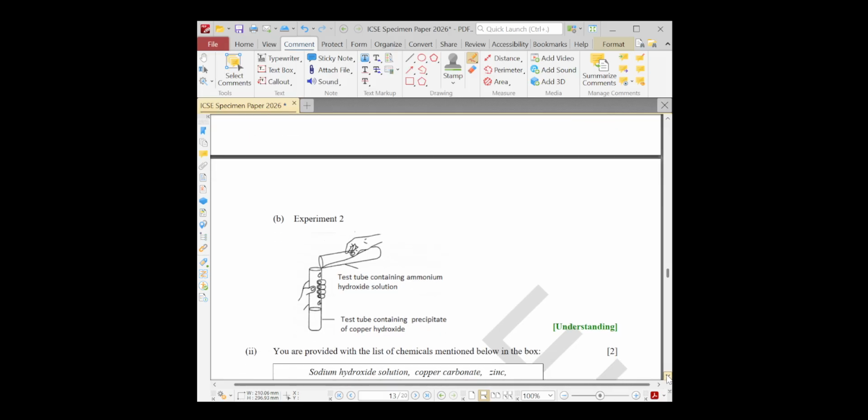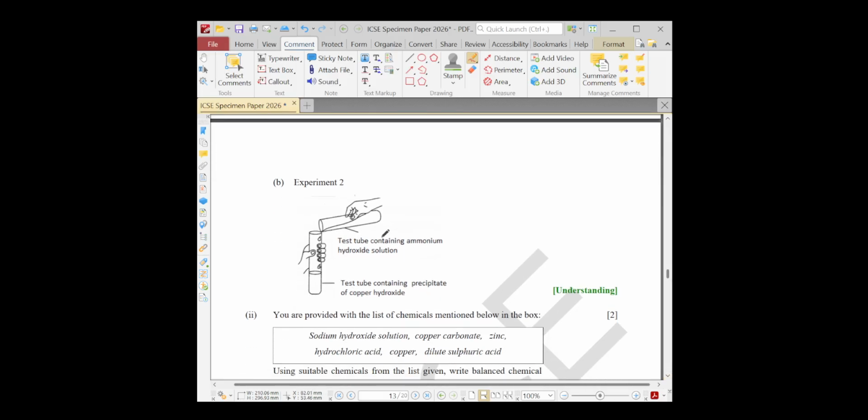Okay, then next we talk about the second experiment. Here there is ammonium hydroxide and copper hydroxide. So you have copper hydroxide, and when ammonium hydroxide is added in excess, then what happens? Inky blue deep solution of tetraamine copper sulfate is formed.